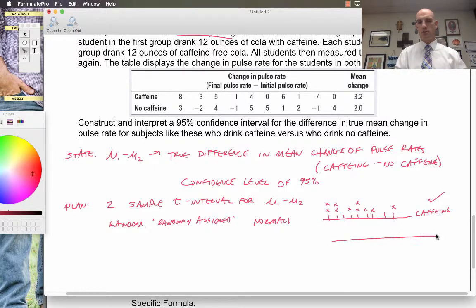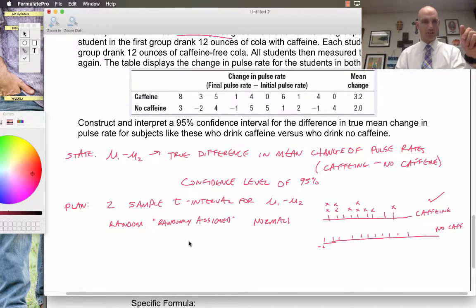Let's do the no caffeine. 0, 1, 2, 3, 4, 5, 6, 7, 8. Oops, we got to go down to negative, right? Change of pulse rate went down. So let's do -1, -2. I know this seems tedious, guys, but you got to show this. You can't just say, oh, no strong skew or outliers.